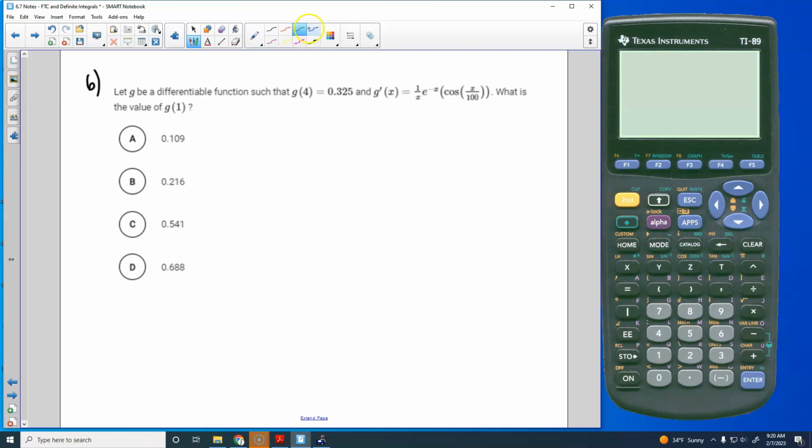I know they give me g of 4. They're asking me about g of 1. So what I can do is use those as my limits of integration. If I integrate from 1 to 4 of g prime of x dx.